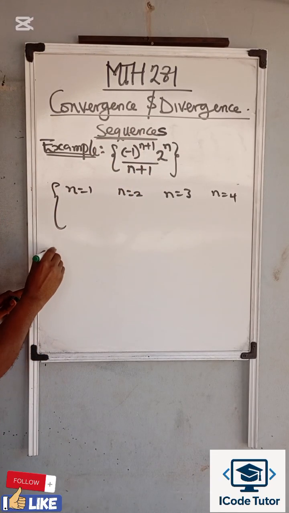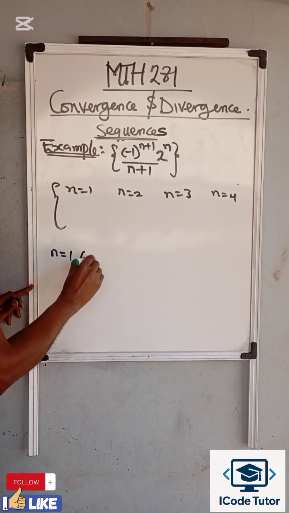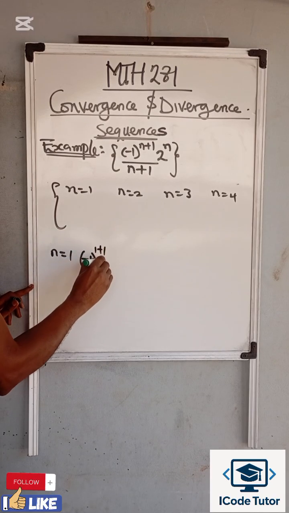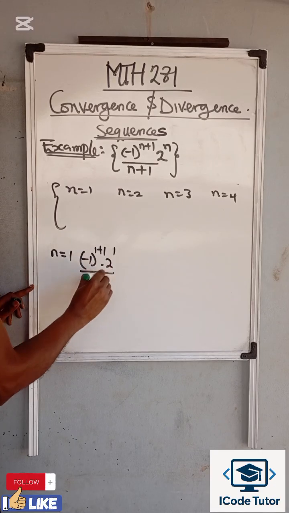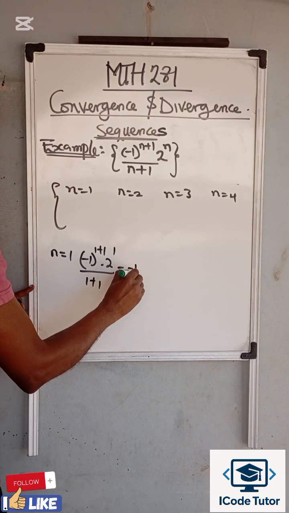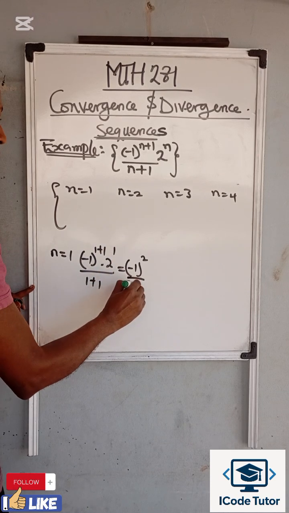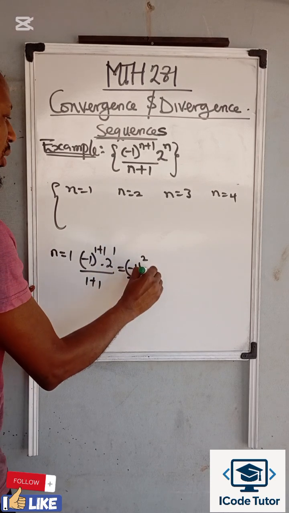When n equals 1, we have minus 1 raised to power 1 plus 1, into 2 raised to power 1, divided by 1 plus 1. This is minus 1 raised to power 2, because 1 plus 1 is 2, divided by 2, multiplied by 2 raised to power 1, which is also 2.